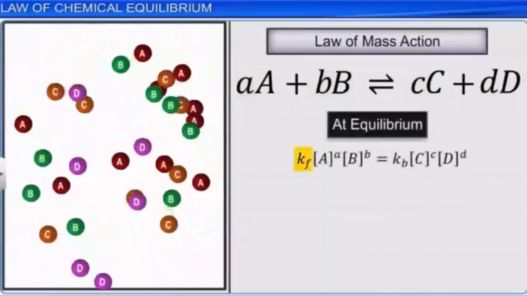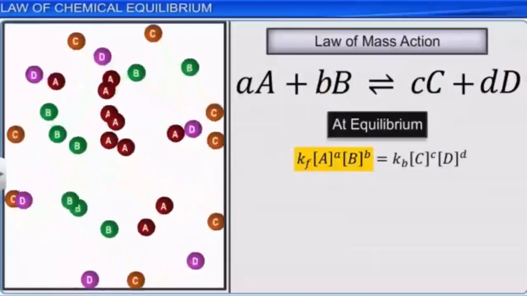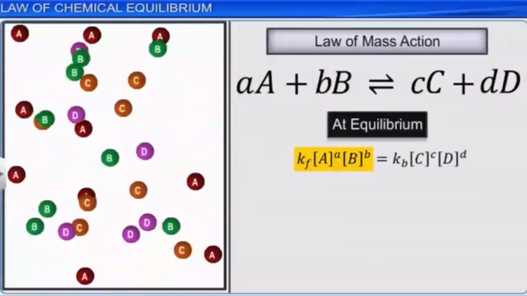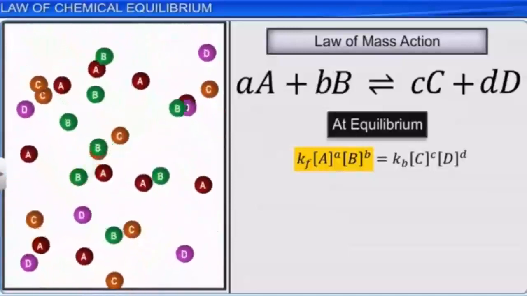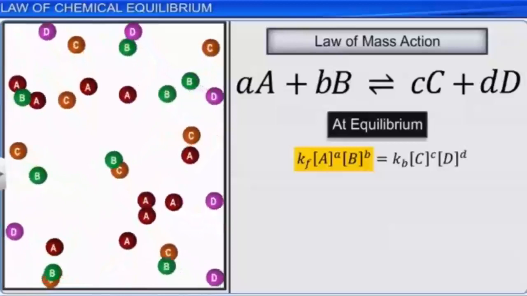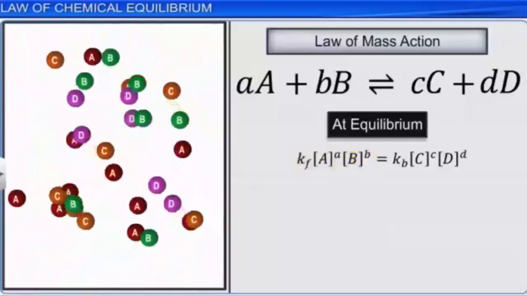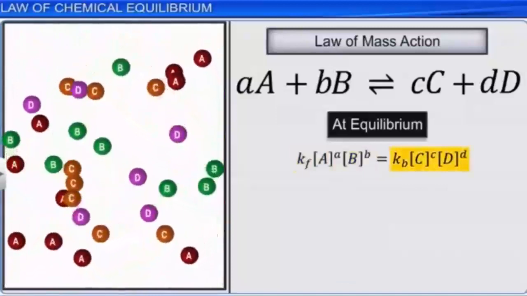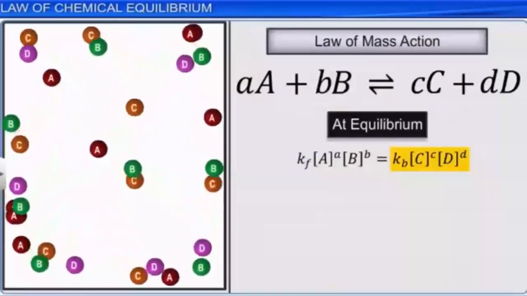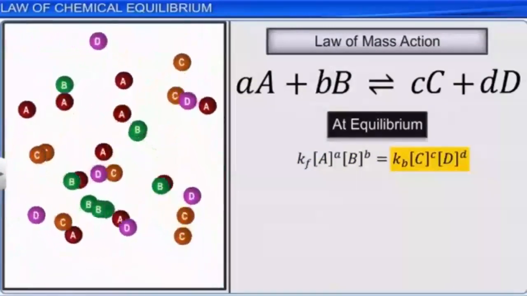Kf multiplied by the product of the concentration of the reactants A raised to the power of a and B raised to the power of b is equal to Kb multiplied by the product of the concentration of the products C raised to the power of c and D raised to the power of d.